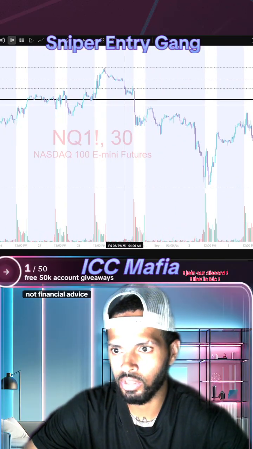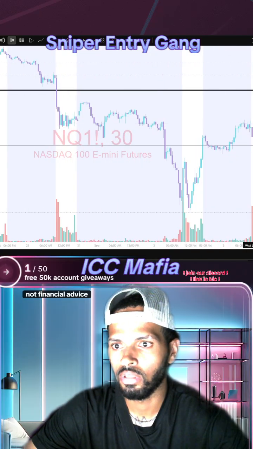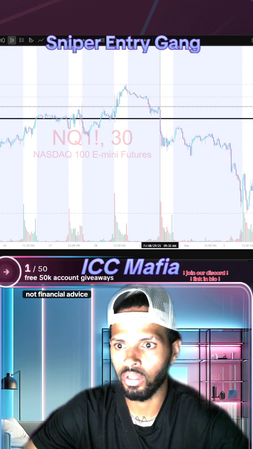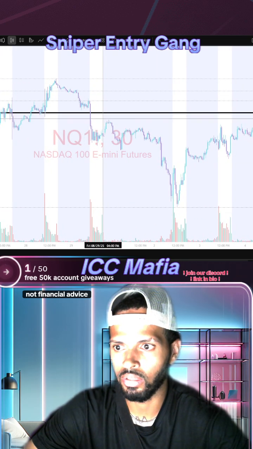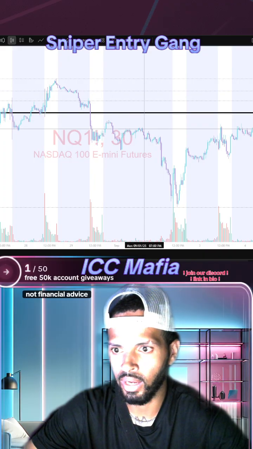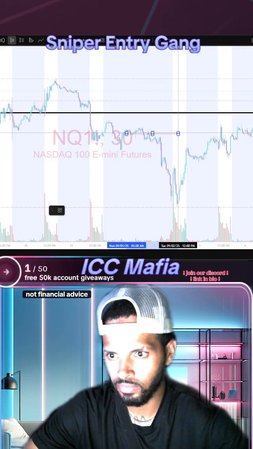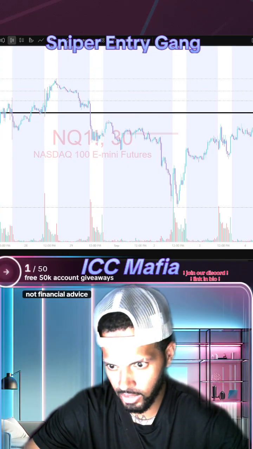What else? We took this trade right here as well. Because why? We were getting lower high, lower high, lower high, lower high. Where's my support level? It was right here. Once price got underneath of it, I just took the trade and put my stop loss at the high.